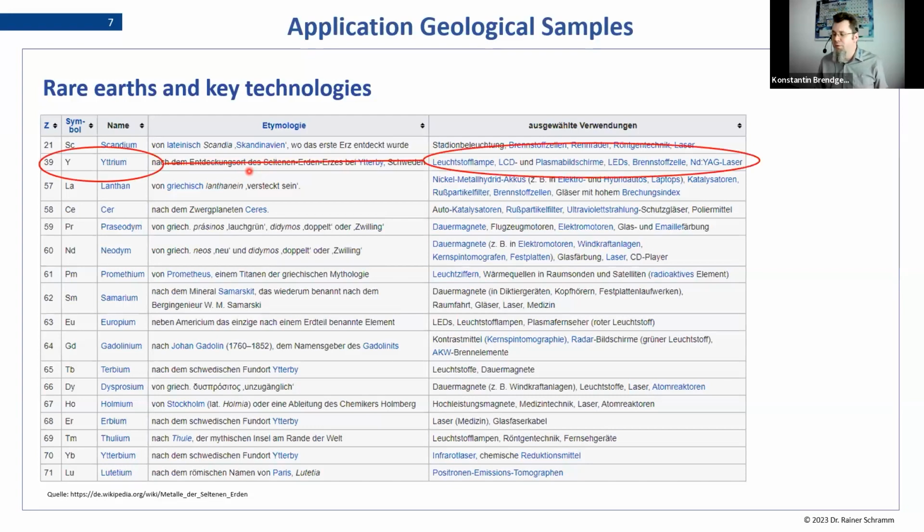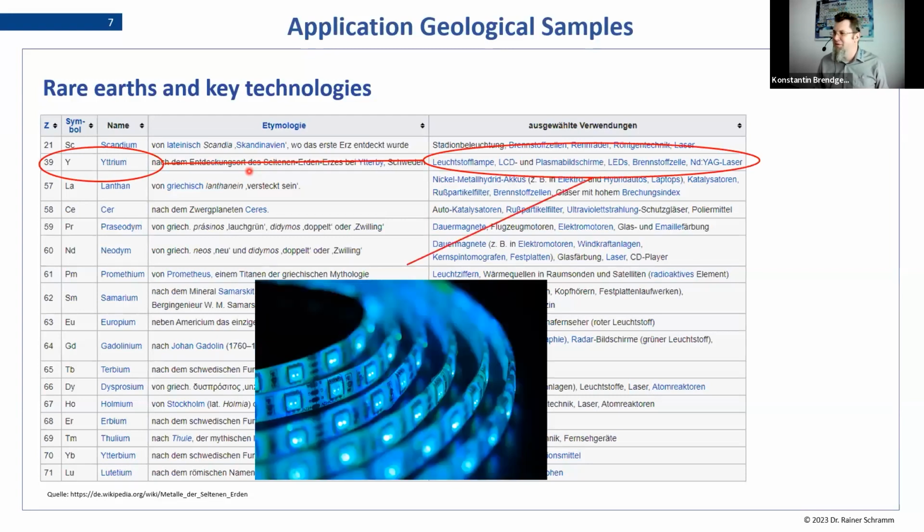For example, yttrium as an analyte. Forgive the German in the table, but I simply copied that. You can probably find that online. But yeah, yttrium is quite an interesting lead for LED technology, light emitting diodes. So they are used basically in these modern lightings.